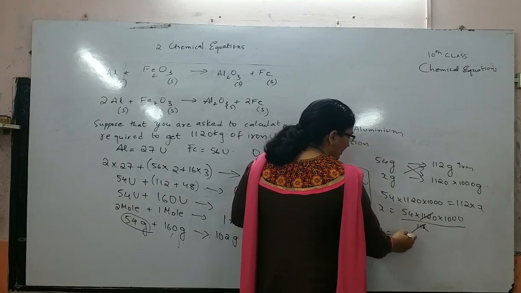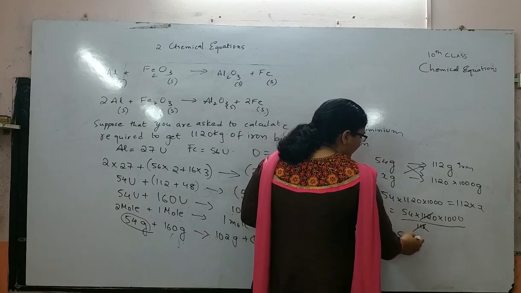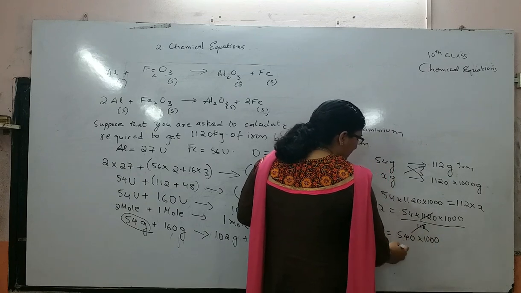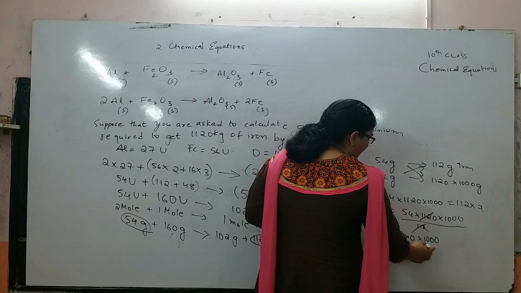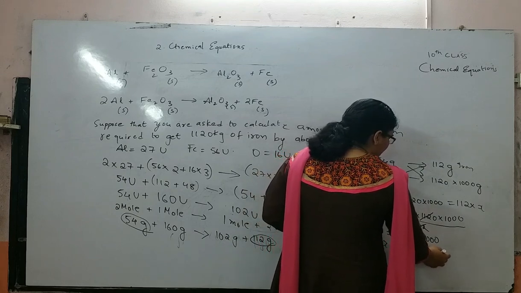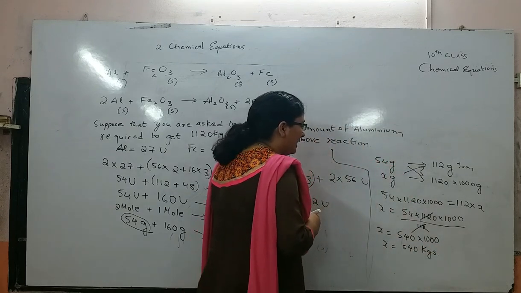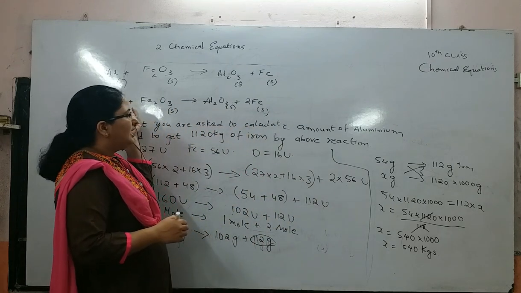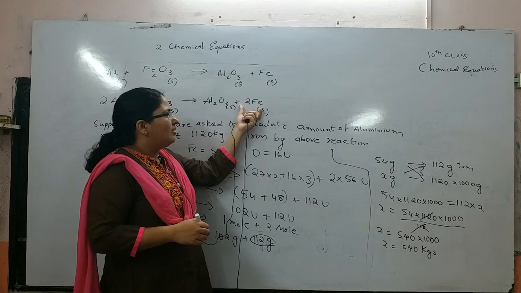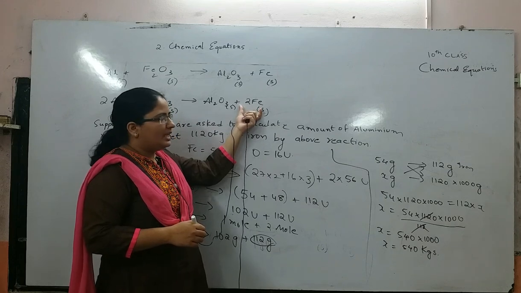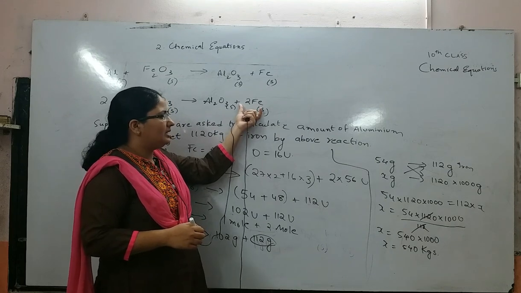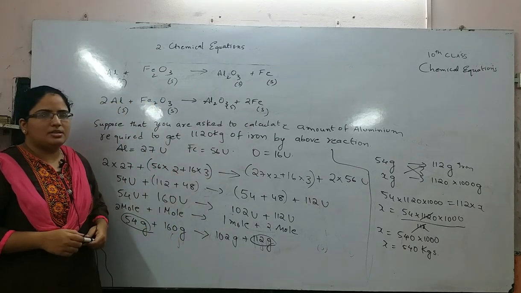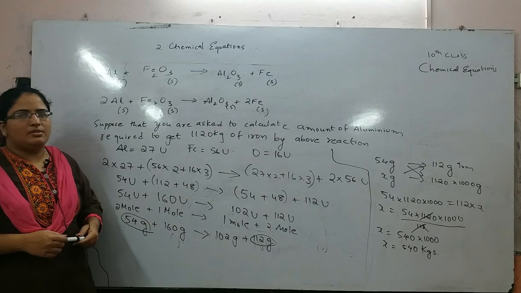You have 540 into 1000. So x is equal to 540 kgs. So you have to take 540 kgs of aluminium in order to get 1120 kgs of iron. Okay, that is about the problem, children. Hope you understood this problem. We will continue in the next class.